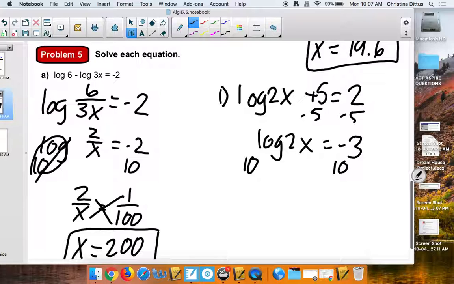And what happens with 10 and log? They cancel. So I get 2x equals 10 to the negative 3, which is 1 over 1,000. Divide by 2 and we get what for x? Would it be negative 1,000, since it's negative? No, the negative means the 1 over.